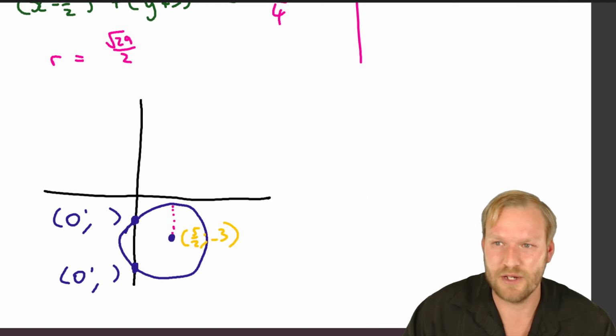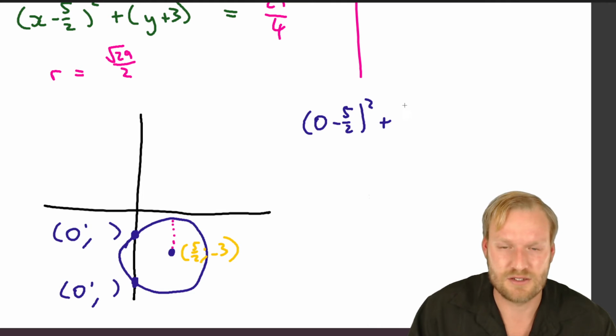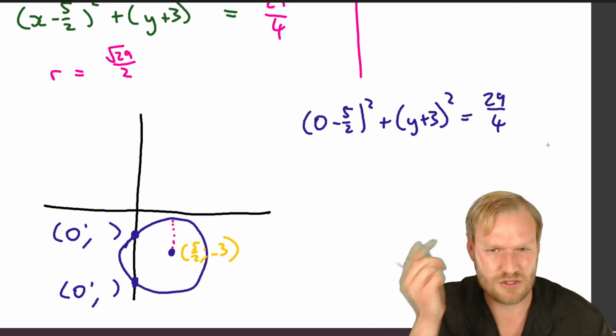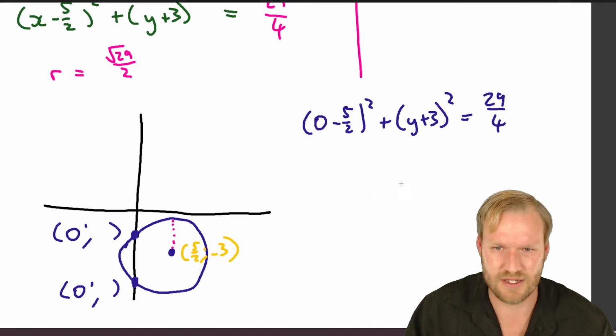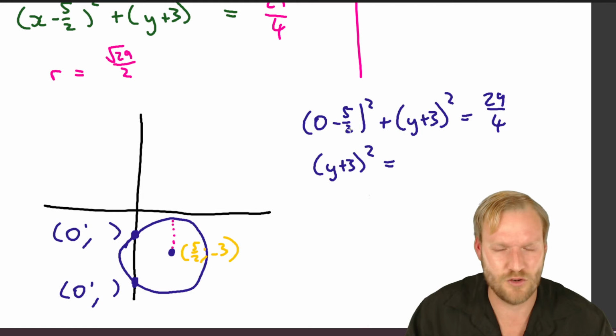So from our equation here, we've got 0 minus 5 over 2 squared plus y plus 3 squared equals 29 over 4. Right? We don't know what y is, but we know x is that. Okay, so y plus 3 squared equals, well, 5 over 2 squared is 25 over 4.